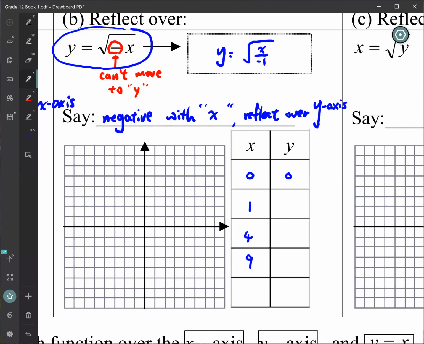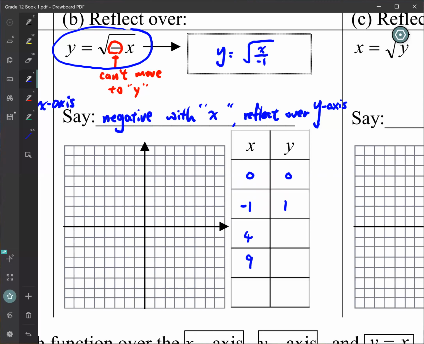What about 1? If I put 1 in, Cindy, what will happen? Undefined. Yeah, you will get -1 and then the square root. So I cannot put 1. The only number I can put is -1. Then that will cancel out the negative, so negative times -1 will be 1. Square root of that will be 1.